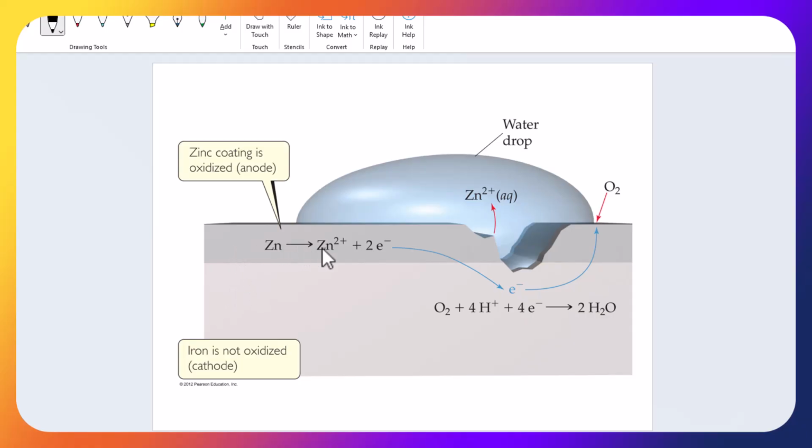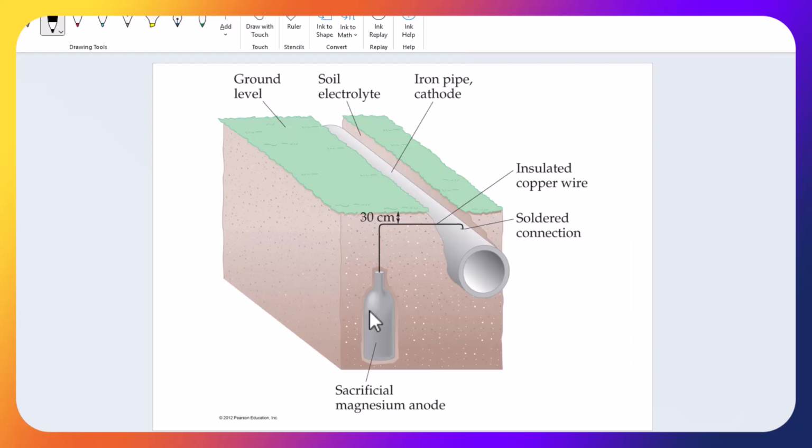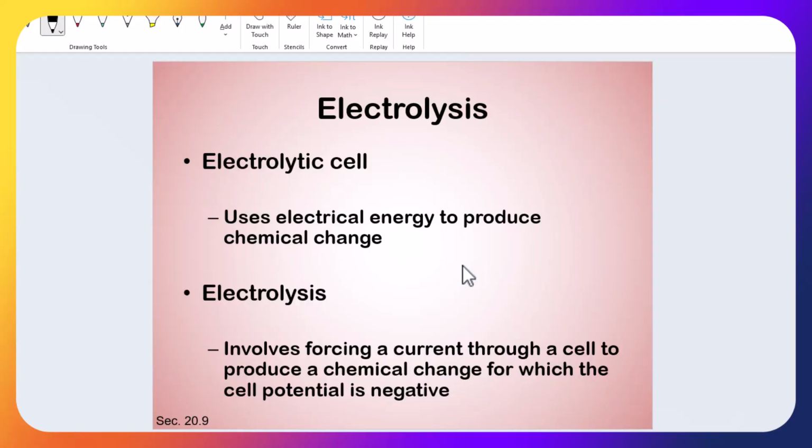But here you have a zinc coating over iron so that the zinc oxidizes rather than the iron. And so you have cathodic protection of water pipes in the ground. You just have more oxidizable metals attached by wires, and it's literally sacrificing itself so that your metal pipes don't corrode.